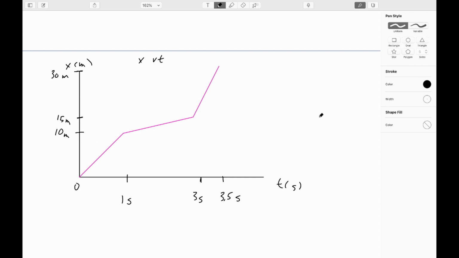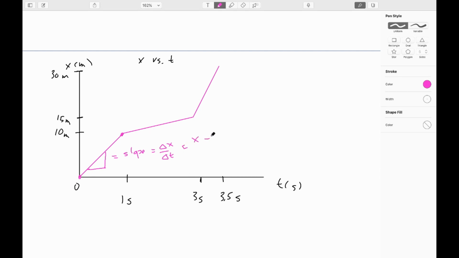Okay. So for each of these time intervals here, I can go ahead and calculate the slope. Over this interval, the slope would be equal to the change in x over the change in time, for this interval from 0 to 1 second.